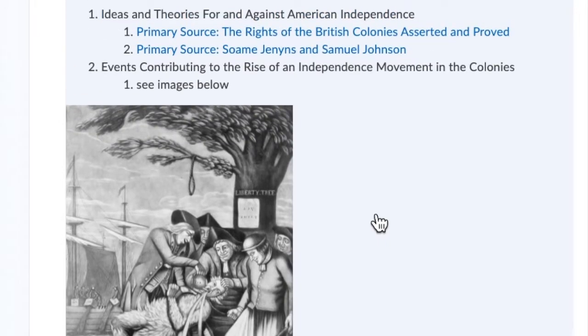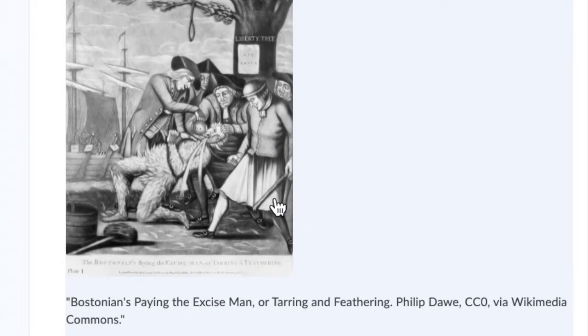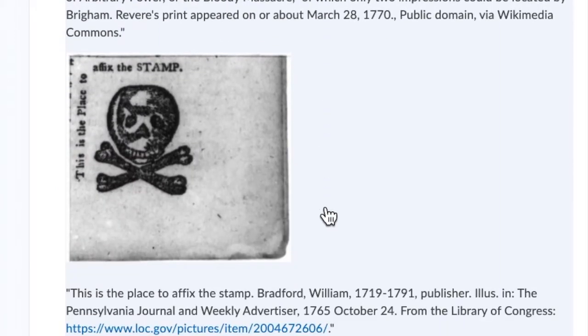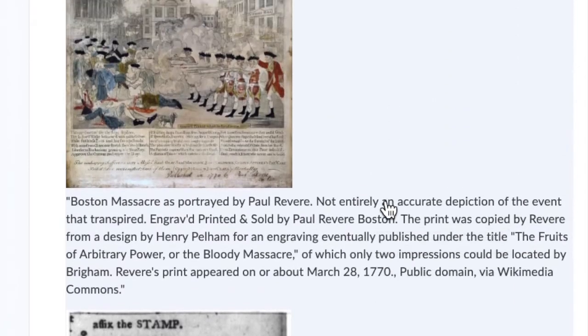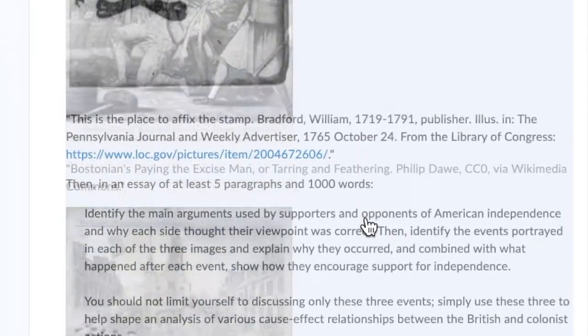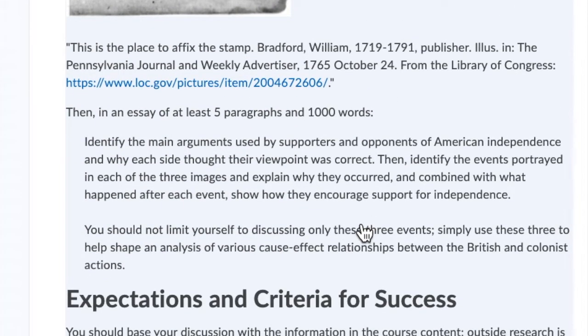So don't get hung up on the detail of the pictures and what the pictures are showing in detail. This one doesn't show much in detail at all, except the skull and crossbones. Instead, focus on the ideas for and against the revolution, because the question you're going to have to answer is explained here.